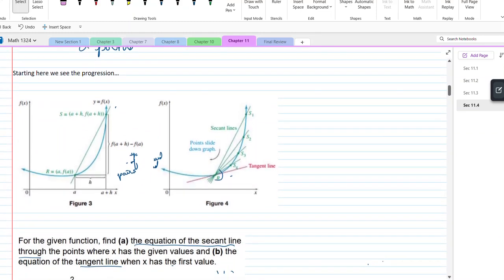So here we have a great picture, and I got this from the textbook. In the first one, we have a secant line. This line has the direct change of the 2 points, point B and point A. And so you can see then that we have this slope in this condition.